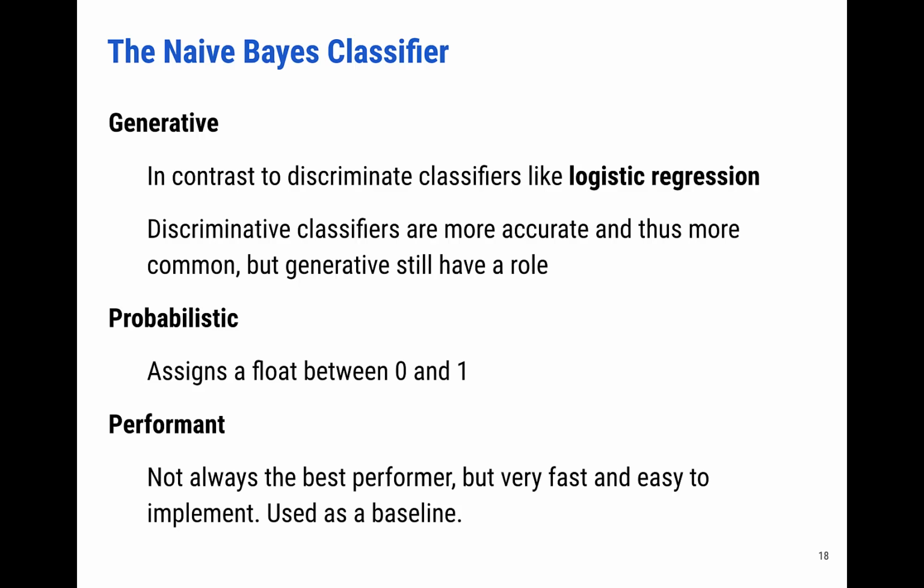It's very fast, and here's the thing, it's very easy to implement, and so it's often used as a baseline against which to compare other methods. As we're going to see in one of our examples in using naive Bayes to classify literature, it actually performs better than the support vector machine, for example, in some tasks.